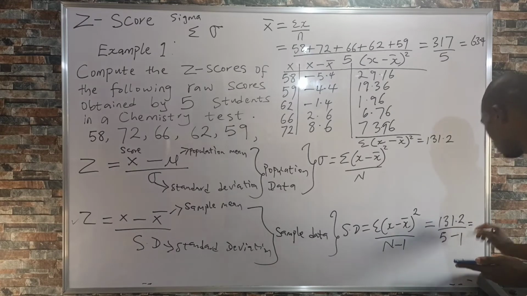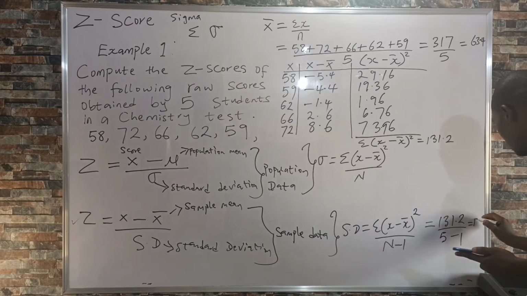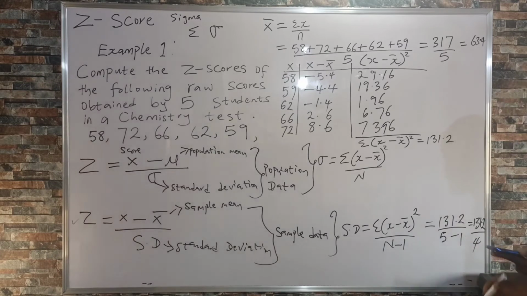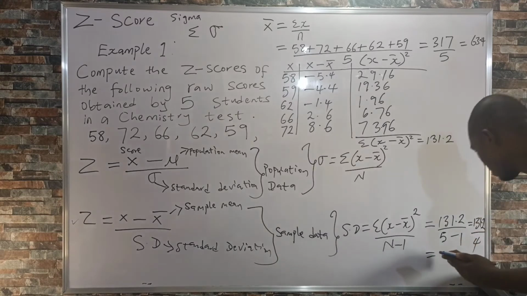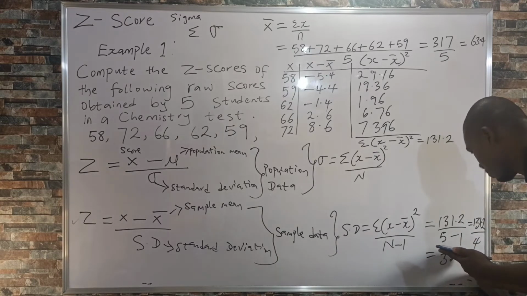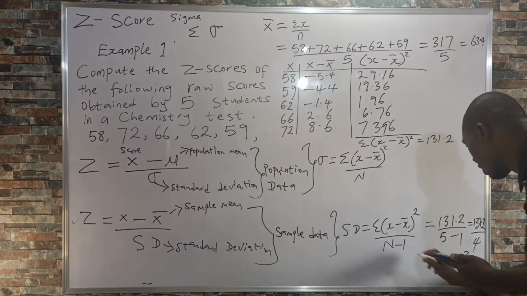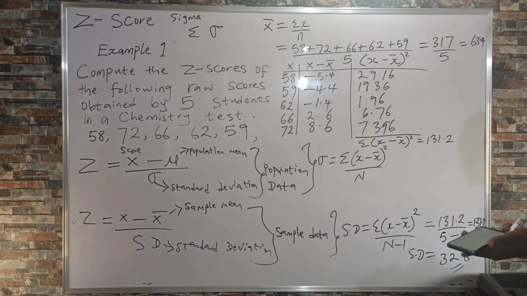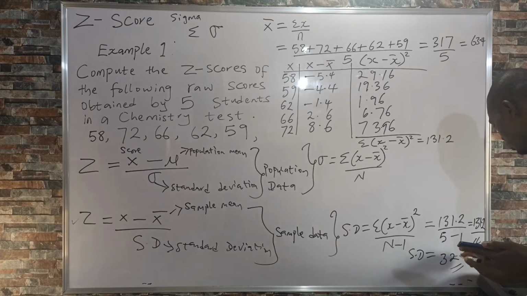That gives 131.2 divided by 4, which is 32.8. So our SD, our standard deviation, is 32.8.